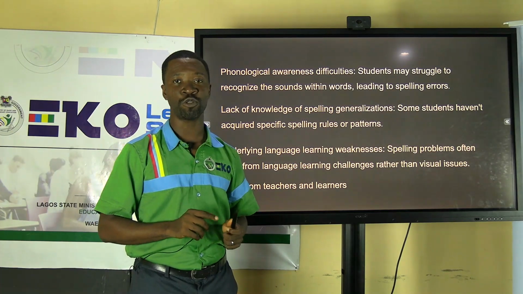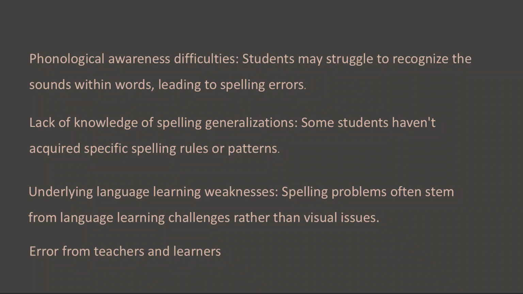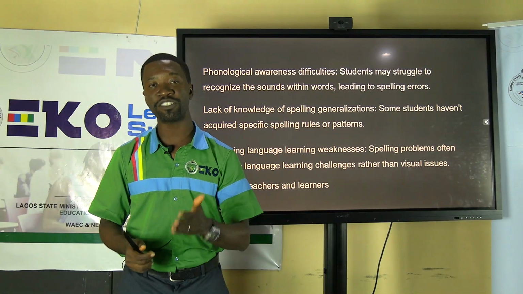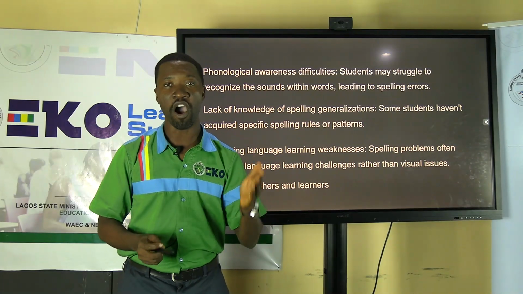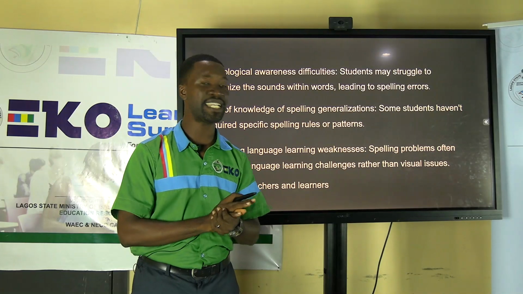Another reason why students spell wrongly is because they lack knowledge of spelling generalization, meaning that students have not been able to acquire the specific spelling order or pattern. There's a particular pattern or order in which words are spelt in the English language.